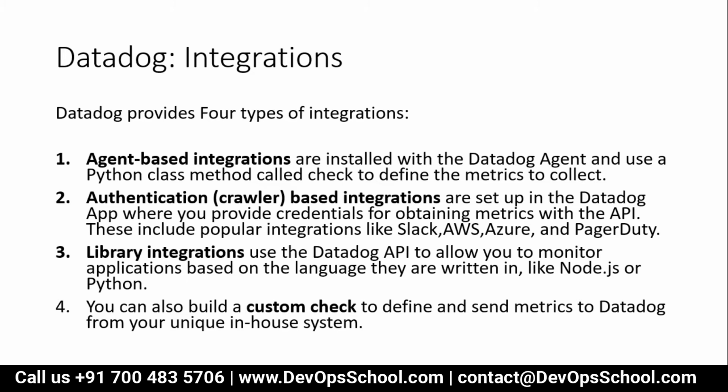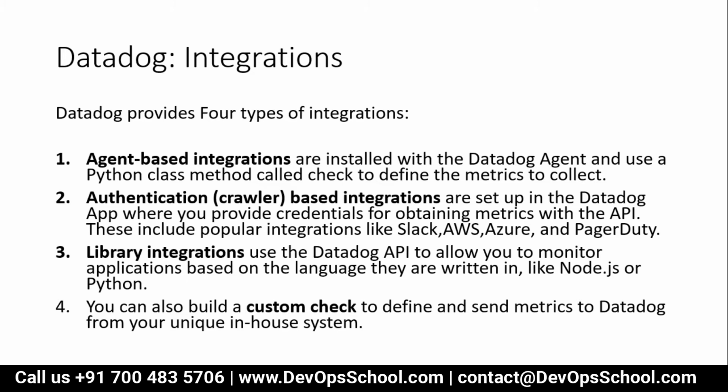The third type of integration supported is the library integration. Here you use the Datadog API to monitor applications based on the language they are written in. Like if you have a custom Java, Node, or Python product, that can also send data to Datadog, and you can get it done through the library integration.